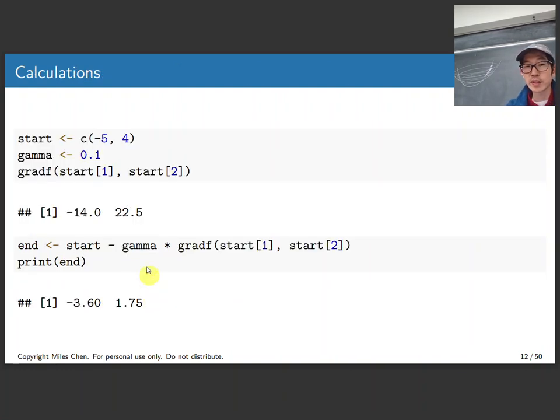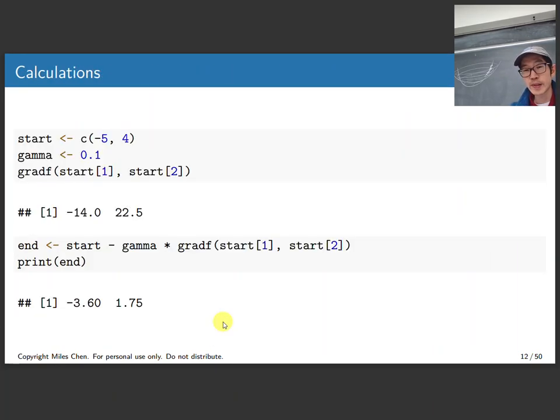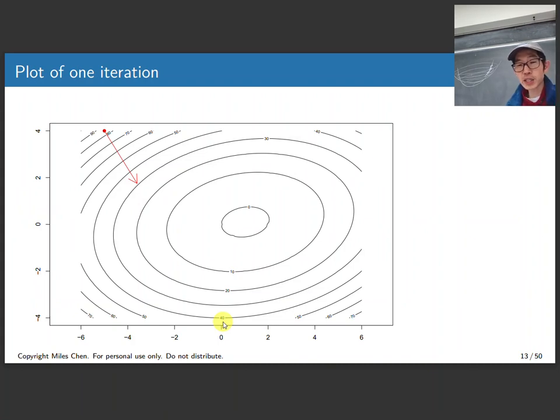If I plug in the same thing, -5, 4, my gradient is -14, 22.5, and my next iteration, which is my starting location minus gamma, which is 0.1, times the gradient at that location, I get -3.6, 1.75, which matches our calculations by hand. Okay, and so here it is. This is our plot. So here's our starting location, -5, 4.